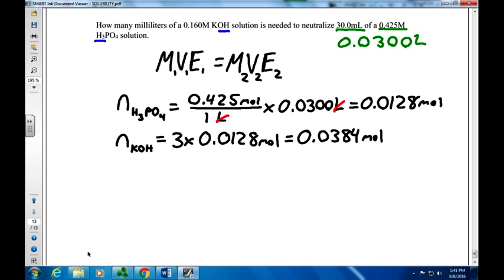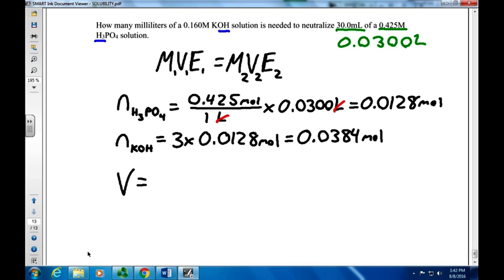Then it's simply a matter of looking at our original problem, and it tells us the molarity of KOH, and now we have the moles of KOH. So we can then determine the volume.